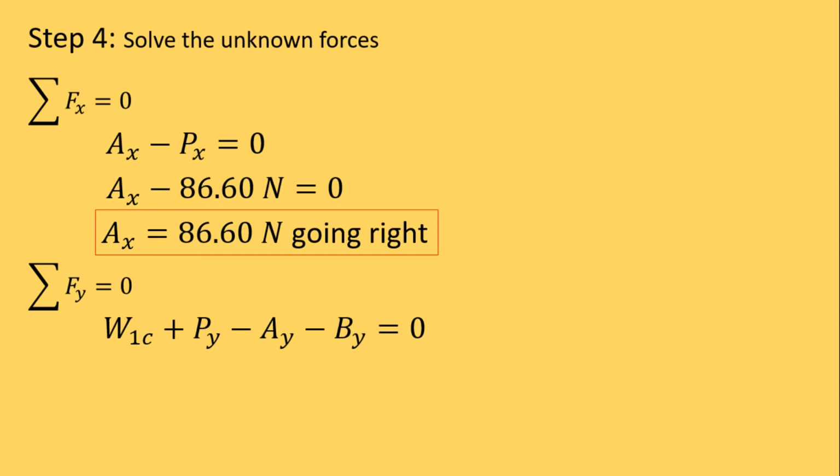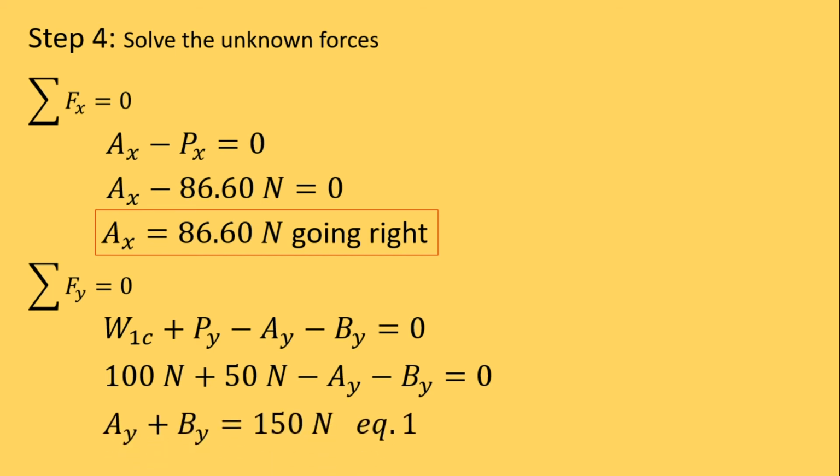And then meron tayong dalawang upward, which is the reaction at A, vertical, and then the vertical reaction at support B. So we have to subtract them. So we have 100 Newton plus 50 Newton minus AY minus BY, both unknown, is equal to 0. Since these are both unknown, we cannot solve it yet kasi dalawa yung unknown. So AY plus BY by transposing is equal to 150 Newton. That will be our equation 1.